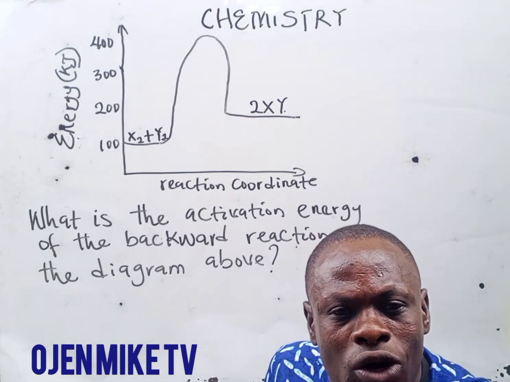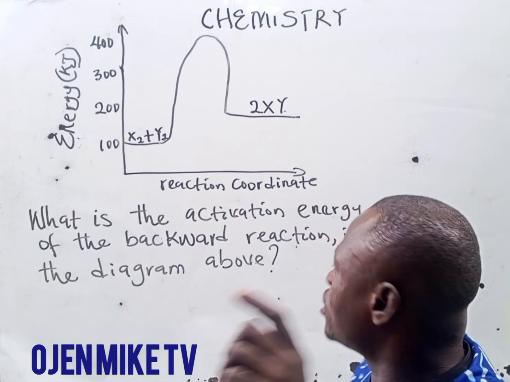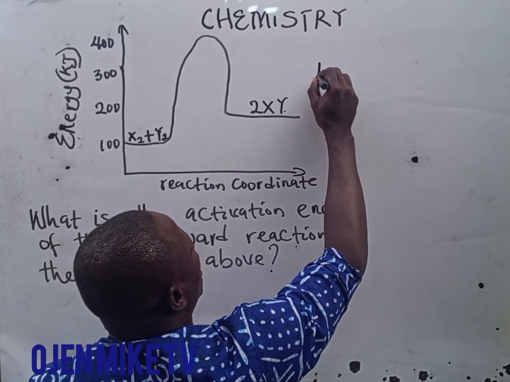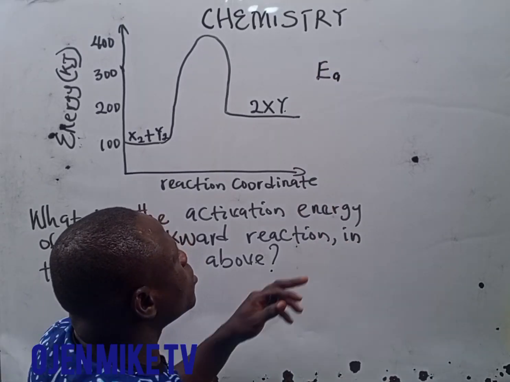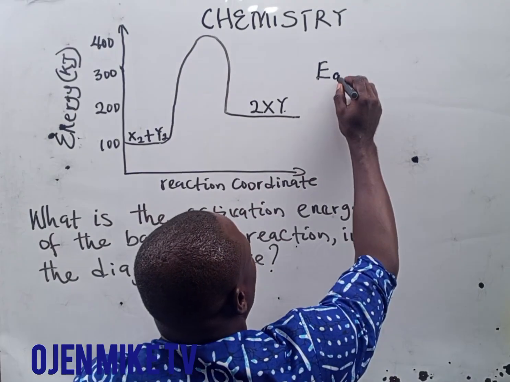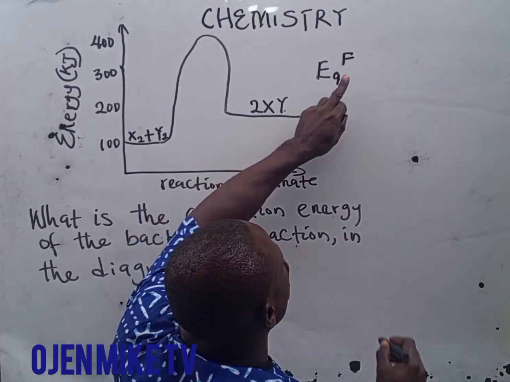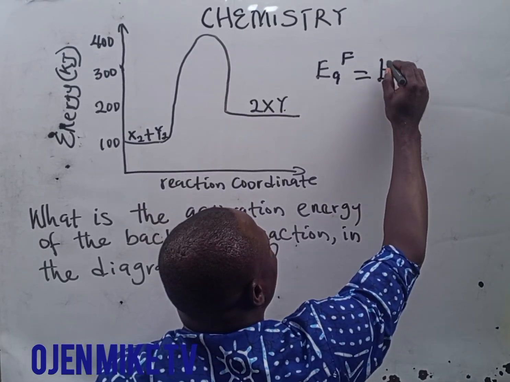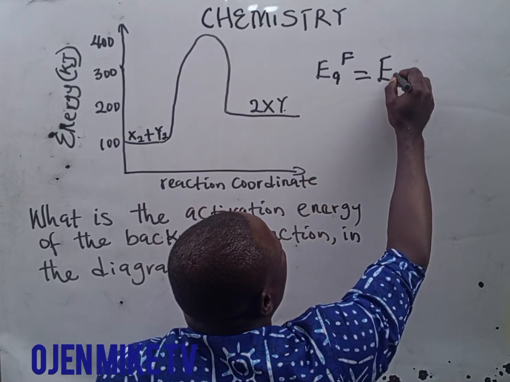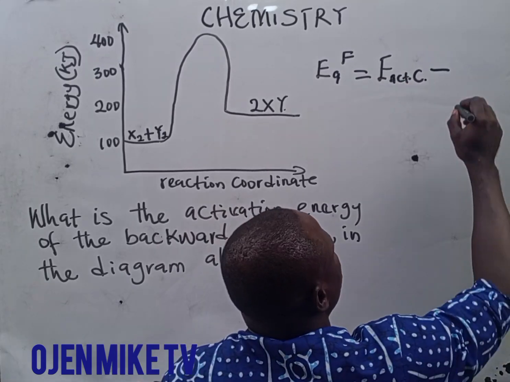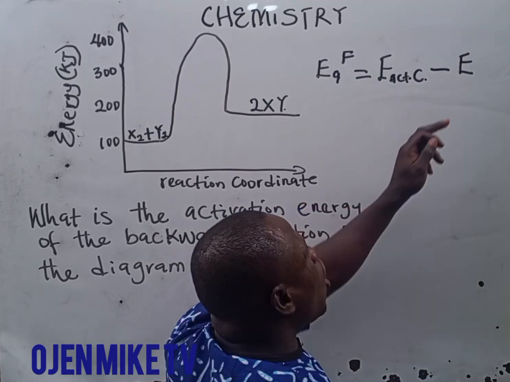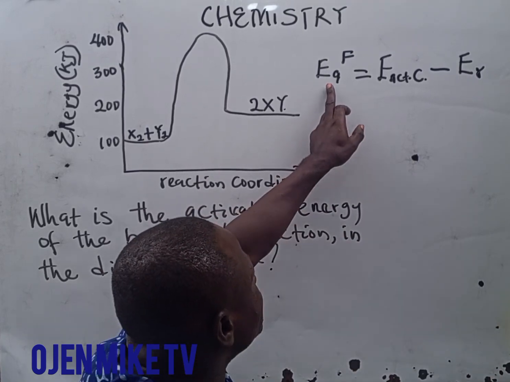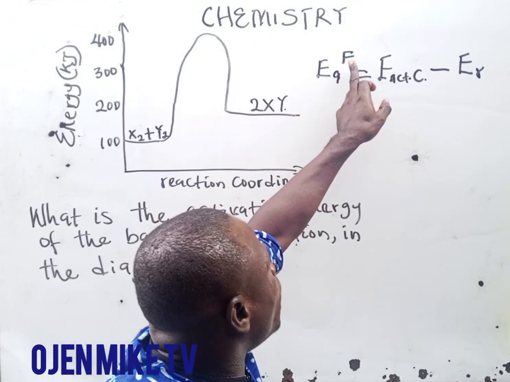The formula you can use to calculate activation energy is, we say that activation energy of the forward, this one is forward, is equal to the energy of the activation complex minus the energy of the reactant.